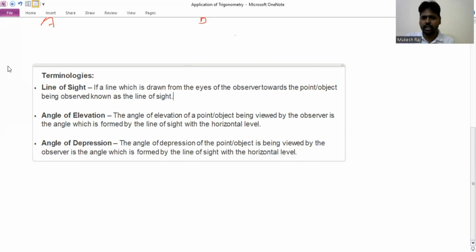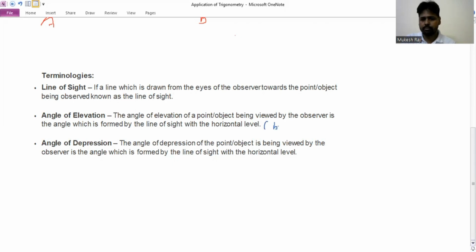The only difference is that in the case of angle of elevation, the object is viewed from the bottom, but in the case of depression, the object is viewed from the top of any object which is at a particular height.